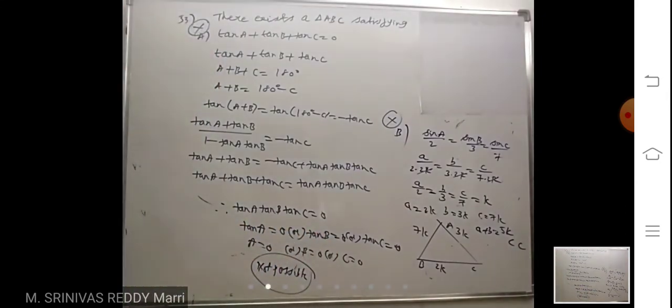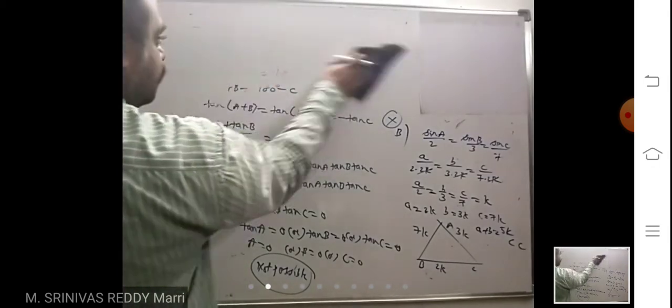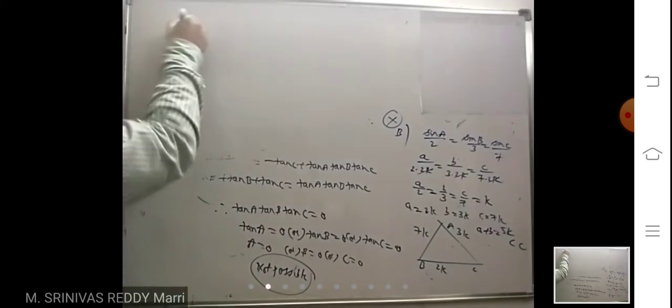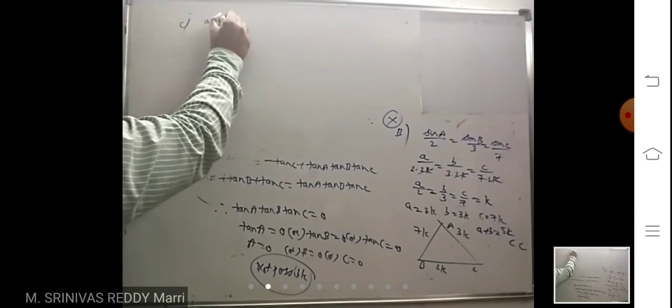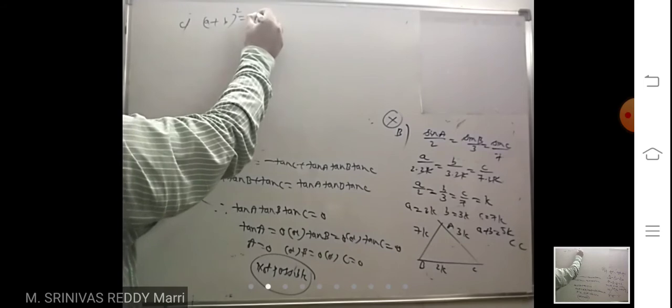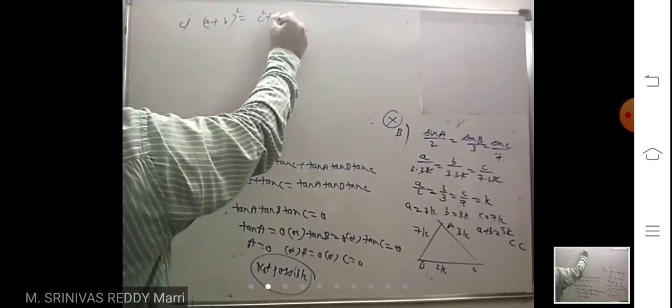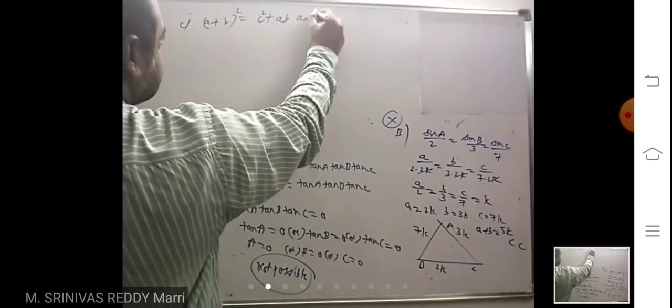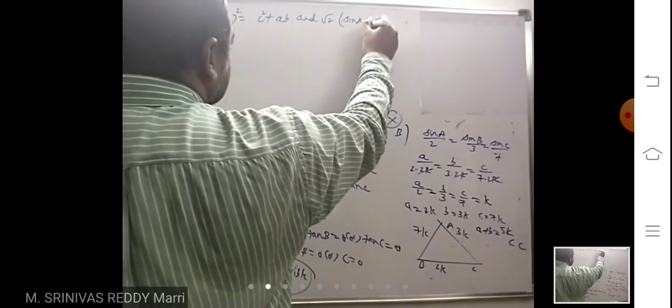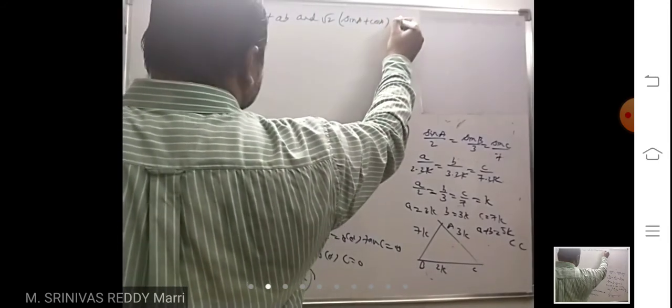Next, look at option C. Option C, given that (a + c)² = c² + ab, and another condition, √2 sin A, is given as √3.